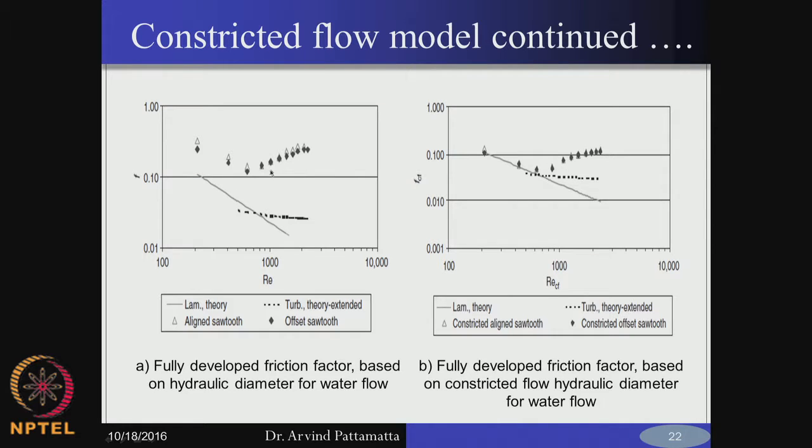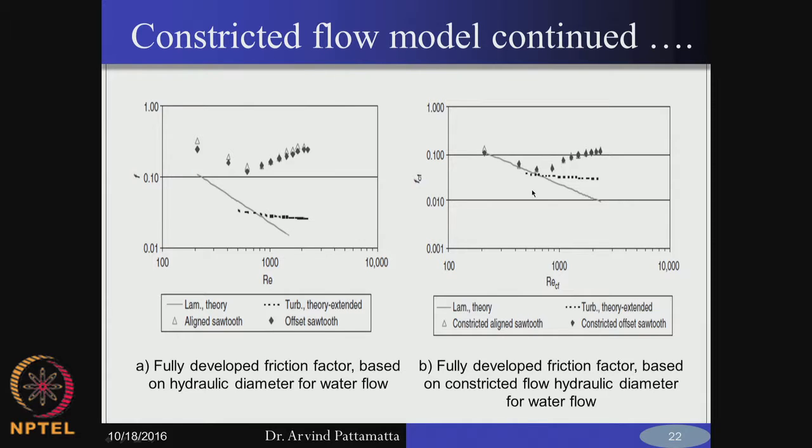The constricted flow model shows a completely different profile compared to using the standard smooth diameter curve, which shows like this. And now, when you use the constricted flow theory, the Moody's chart gets modified and it matches very well with the experiment.